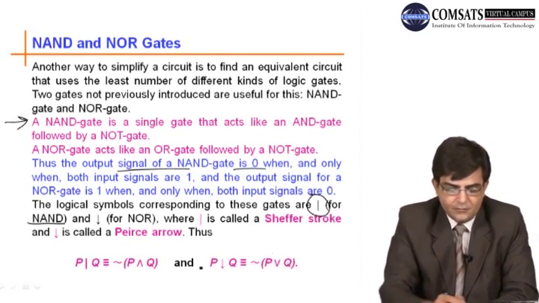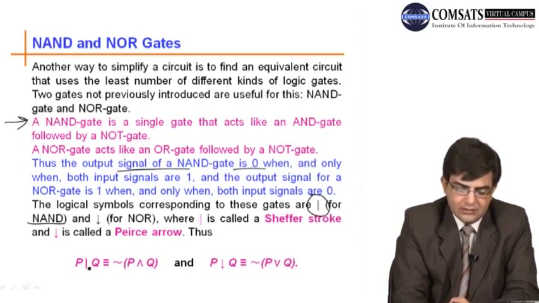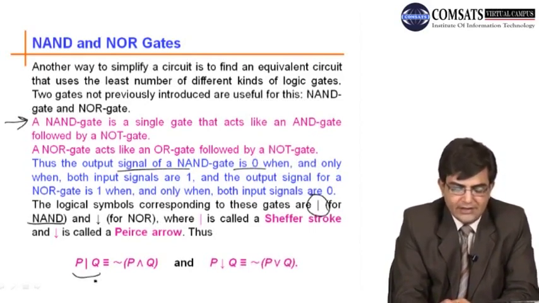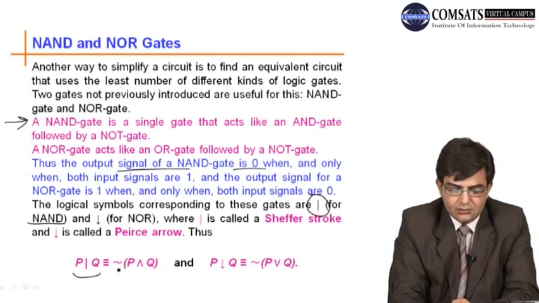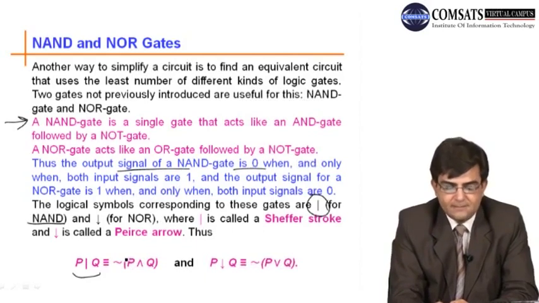That is, we write P, this vertical bar, Q. P NAND Q is logically equivalent to NOT (P and Q). This is an AND gate followed by a NOT gate. So first we apply P and Q and then we apply the NOT gate.